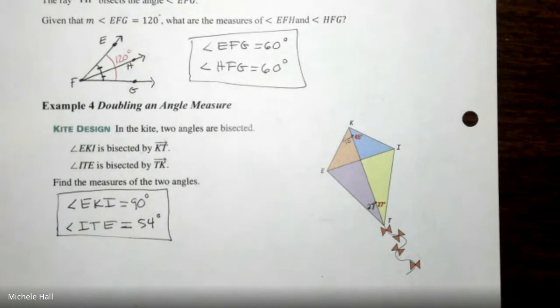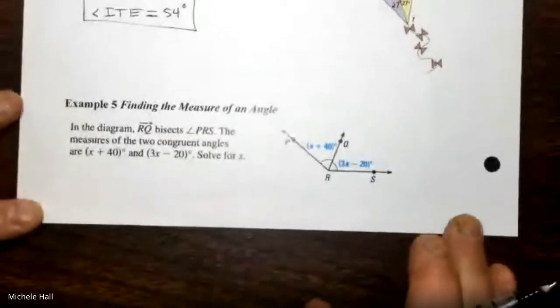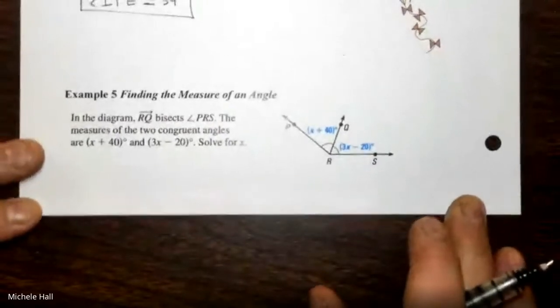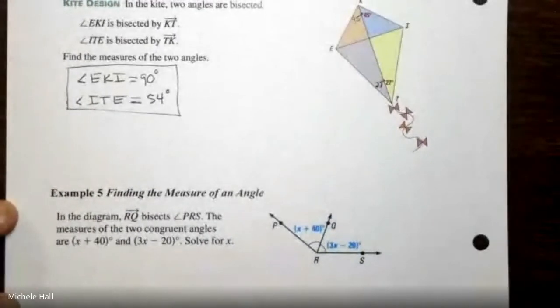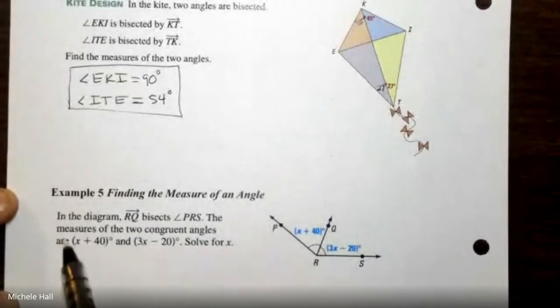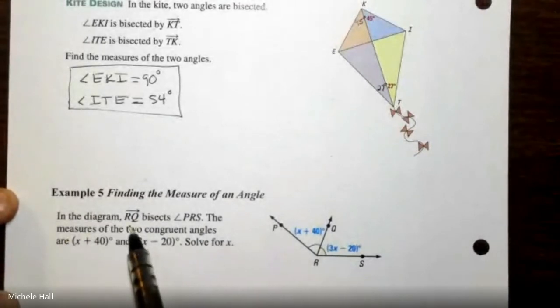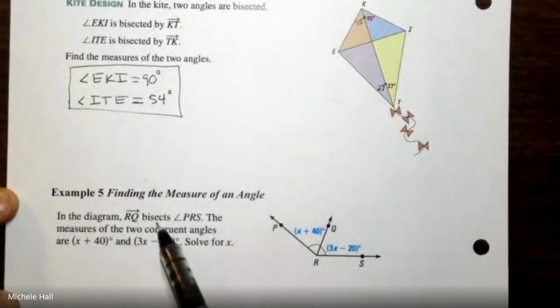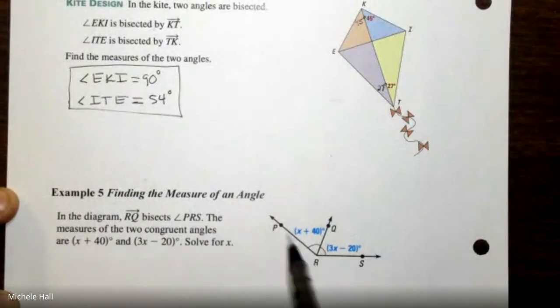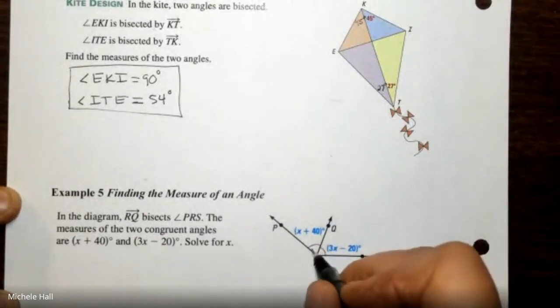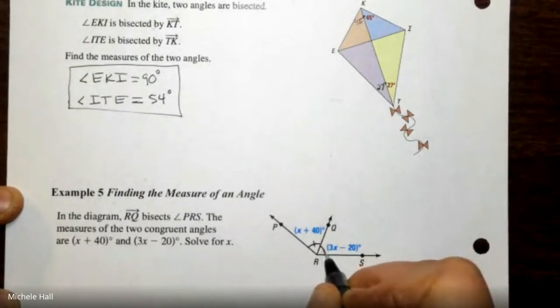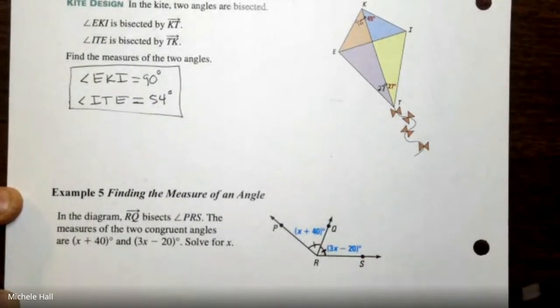And finally, for some algebra. In the diagram, ray RQ bisects angle PRS. That means that the first angle is going to be congruent to the second angle. They are equal to each other.